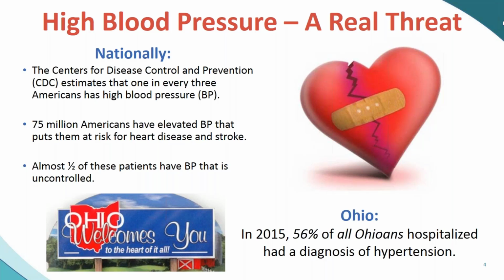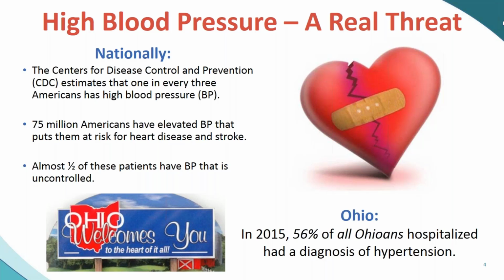There are 75 million Americans estimated to have high blood pressure, which, as you know, is the underlying factor for both heart disease and stroke. And almost half of those, so over 30 million patients, have uncontrolled hypertension.